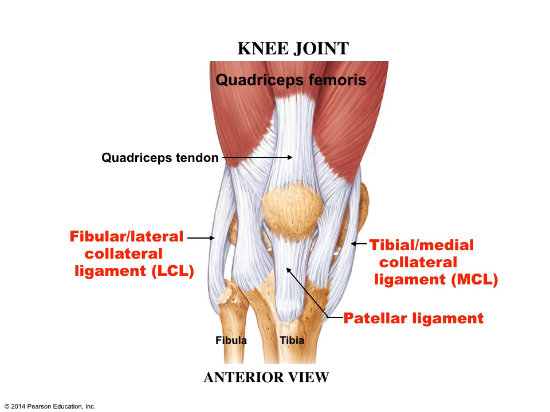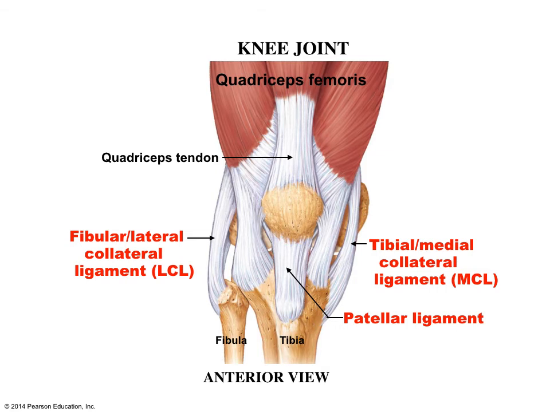This anterior view of the knee joint shows the major ligaments in the front. That would be the patellar ligament. Remember, patella is the kneecap. The patellar ligament is a continuation of the quadriceps tendon.